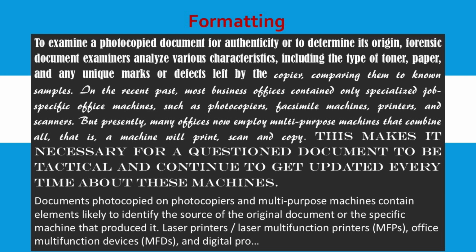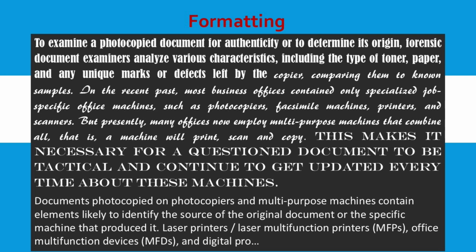Then we have unusual formatting. There are organizations where every document that comes out of the organization has a unique formatting. For example, the way they bold, the way they lay out the document on the paper, the way they use italics, bold, the kind of font they choose, and some other things like that.